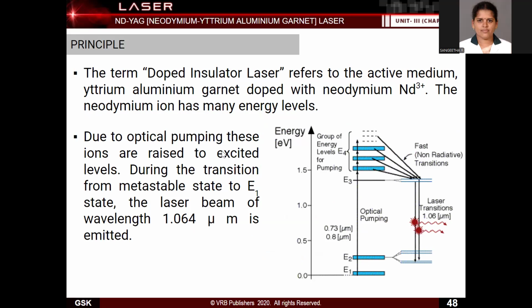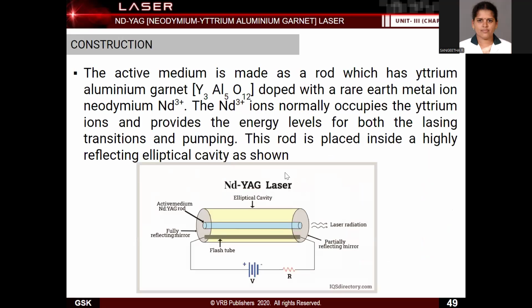Due to pumping, the ions in the ground state go to an excited state E4, and during the transition from E4 state to the ground state, it produces laser light, and the wavelength of the laser emitted is 1.064 micrometer.